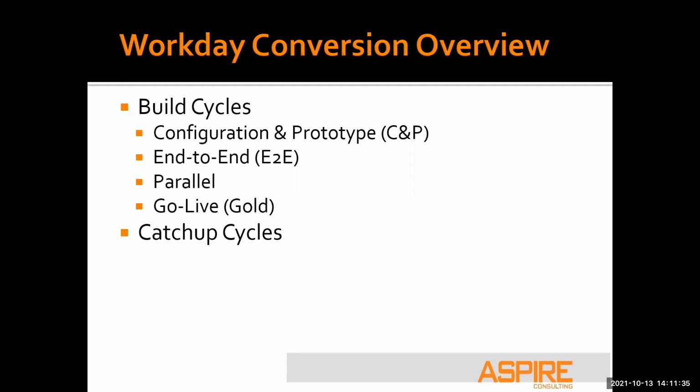So those are the 4 main. Doesn't mean that you can't do 2 end-to-end builds, it just depends on the complexity of your particular implementation. Sometimes these 4 is all you need and all you're going to get. But in maybe some more complex environments, you can repeat certain builds if necessary.